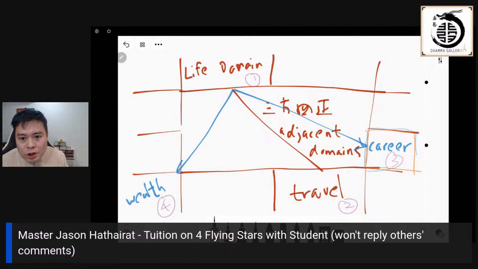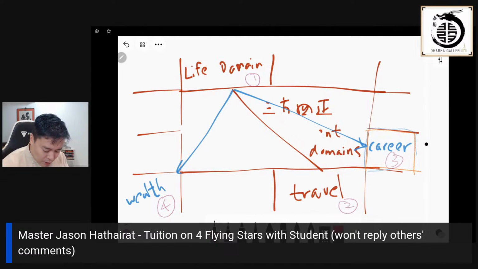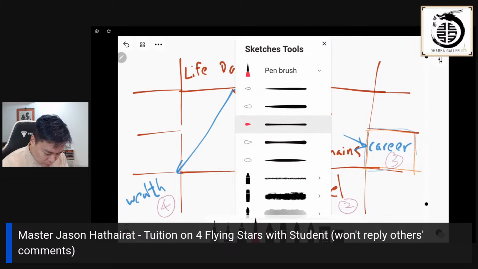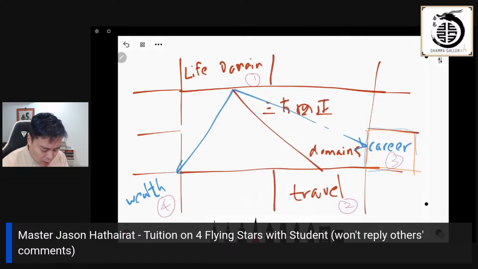I think the term adjacent is incorrect. Yes, correct, beside. But you get my idea, right? Perhaps I will use another term, like neighboring domain, for 三方四正. Let me double check the spelling of adjacent.